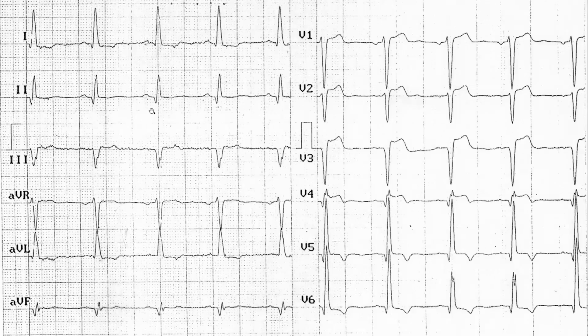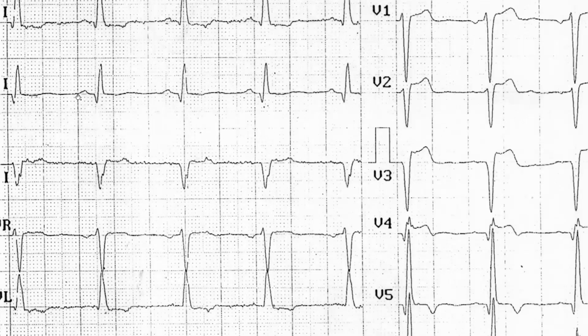So we do have a positive P wave in lead 2 and negative in AVR. So that can be a sinus rhythm. Let's see how long the PR interval is. It's less than 0.2, so the AV conduction is normal.